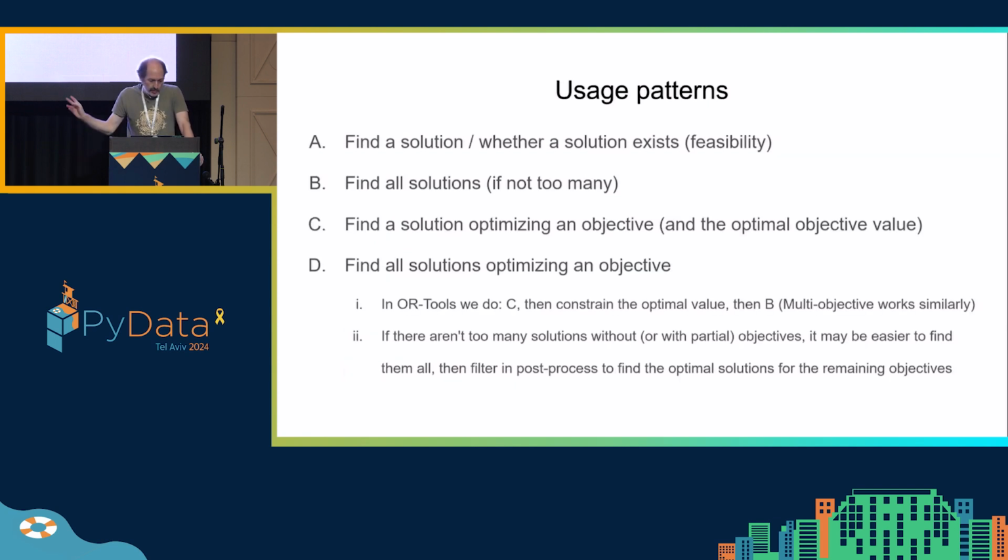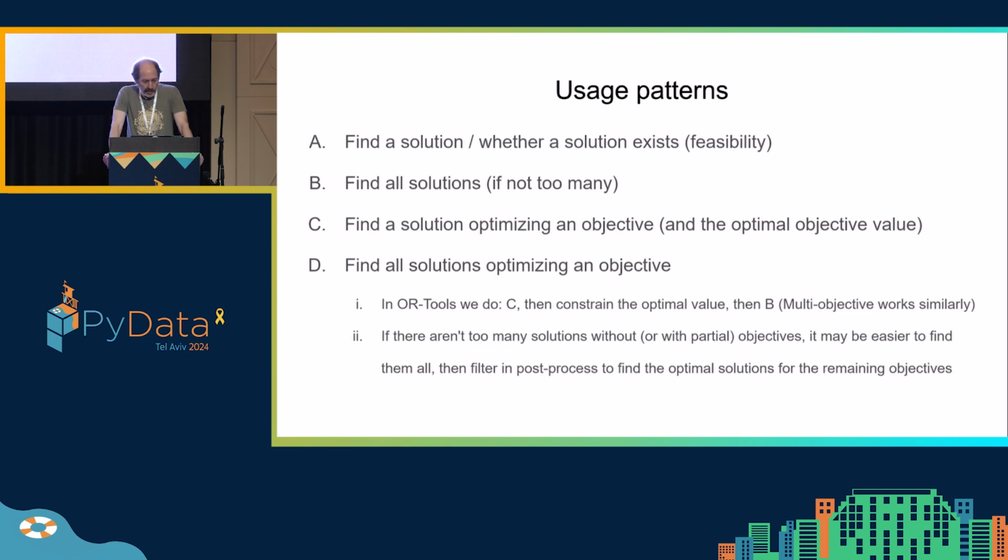So we will see most of these usage patterns today, but essentially, different questions that you can ask are: find a solution, or find whether a solution exists. Is the problem feasible? Finding all solutions, which sometimes is not possible because there are too many. You may have an objective that you want to maximize or minimize, so find a solution optimizing the objective and find the objective value being optimized.